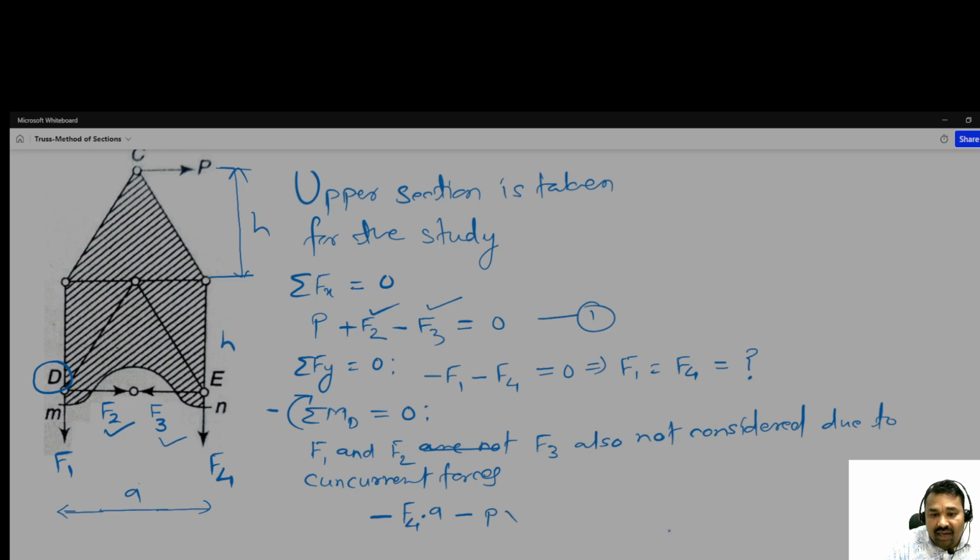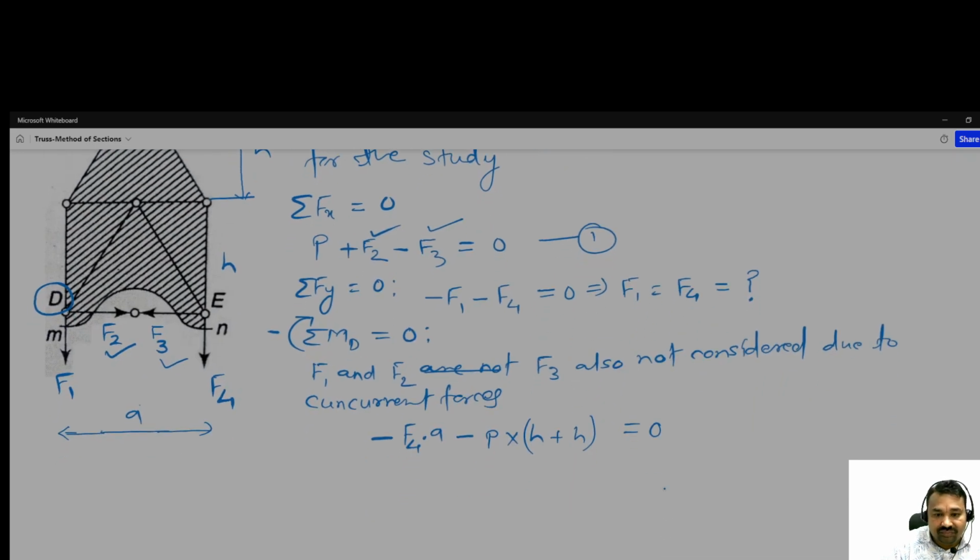And the distance from D is H plus H, is equal to 0. Okay, so what we are getting from here is F4A minus 2PH is equal to 0. So F4 is equal to minus 2PH divided by A.